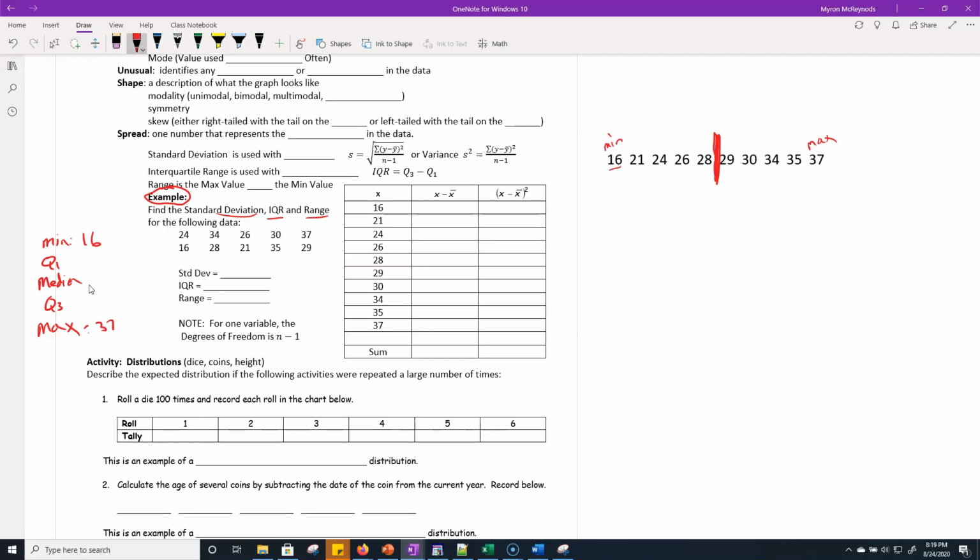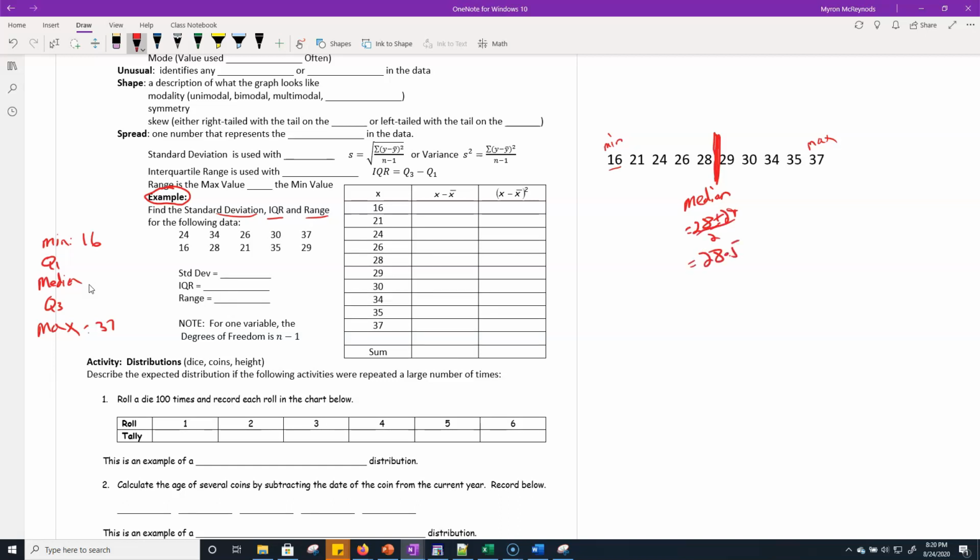This one has an even number, so the chop became between 28 and 29. So to figure out the median, it would be equal to these two numbers averaged together, 28 plus 29 over 2, which is 28.5.